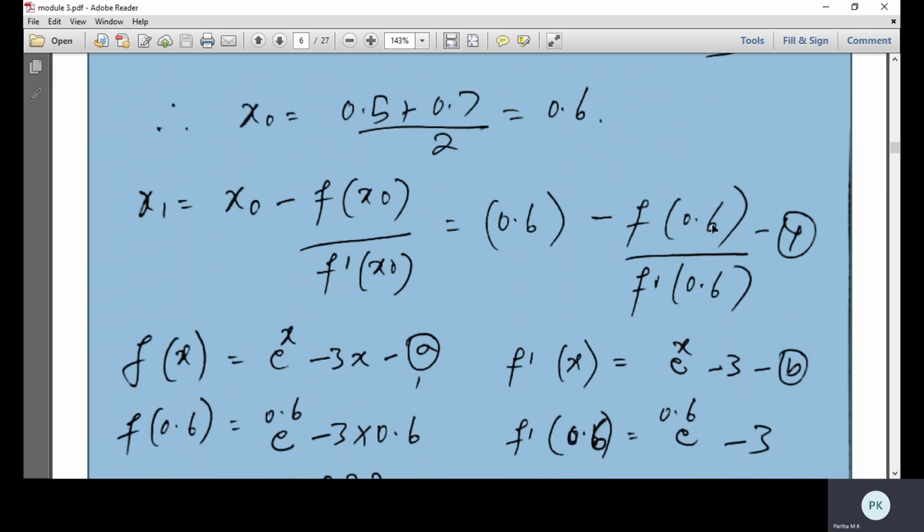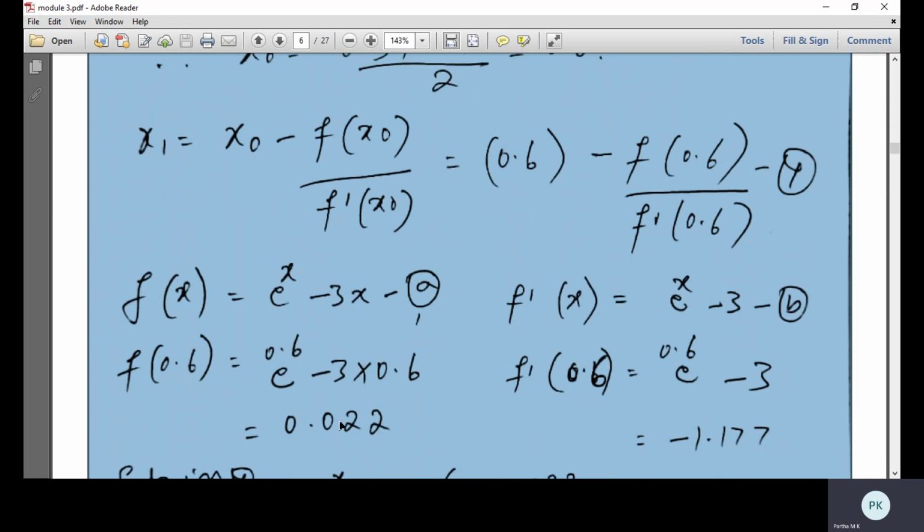First you write f(x), which is e to the power x minus 3x. Put x is equal to 0.6: e to the power 0.6 minus 3 into 0.6. So this is the value you are getting.